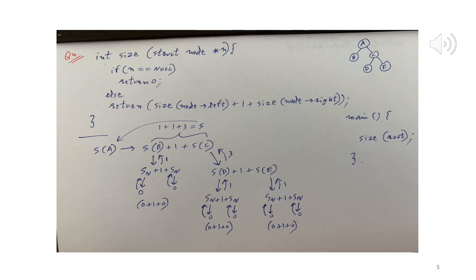So number of nodes in the whole tree is equal to 1 plus number of nodes in the left subtree plus number of nodes in the right subtree. And then again for the left subtree we divide it into root, left subtree and right subtree. Again for root 1, and then again same recursively for the left subtree and for the right subtree.